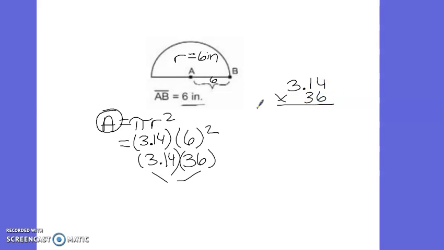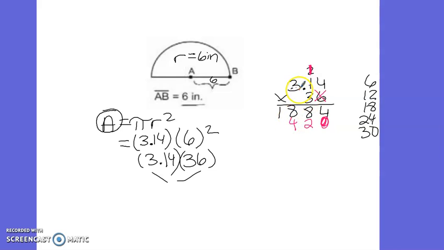Okay, so let's take this slow. 6, 12, 18, 24, 30. I don't need to go any further. 6 times 4, 24. Carry the 2. 6 times 1, 6 plus 2, 8. 6 times 3, 18. Now I'm done with the 6. I'm going to hold my spot. 3 times 4, 12. 3 times 1, 3, plus 1, 4.